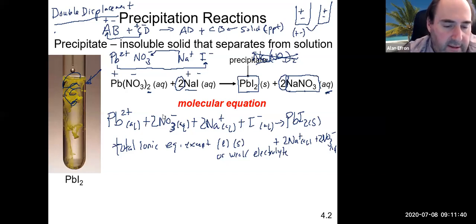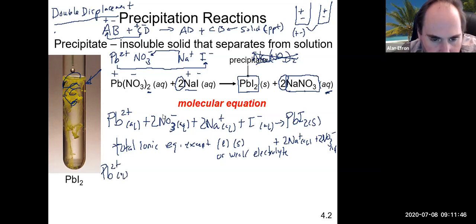Now, when you look at this equation, which I'm going to rewrite really quickly here, hopefully much neater. And I've got the 2 there. There we go. 2 iodides.